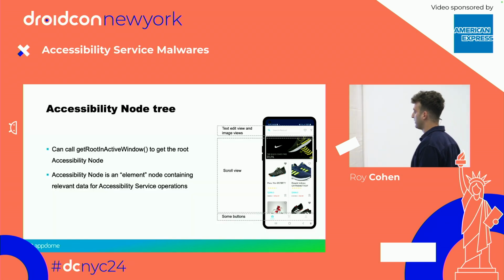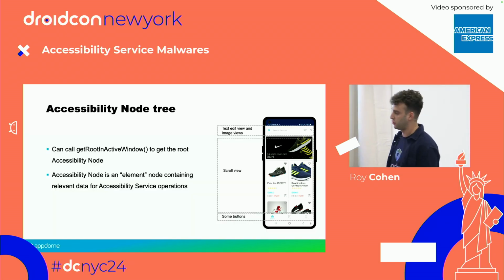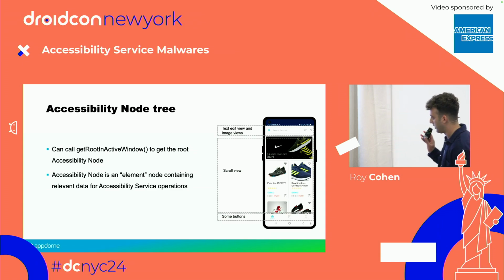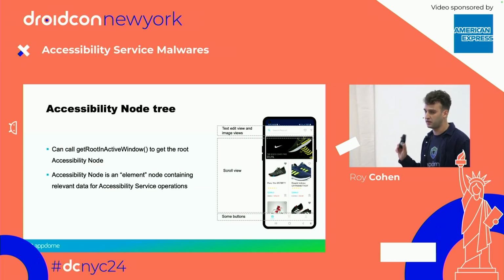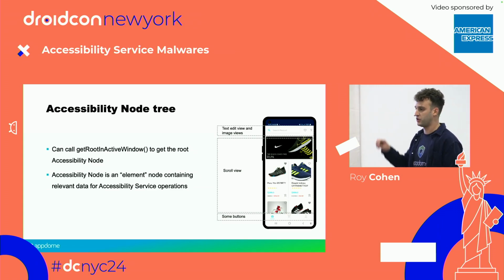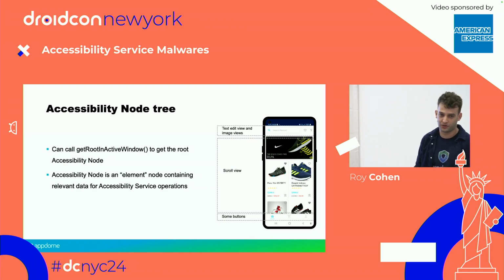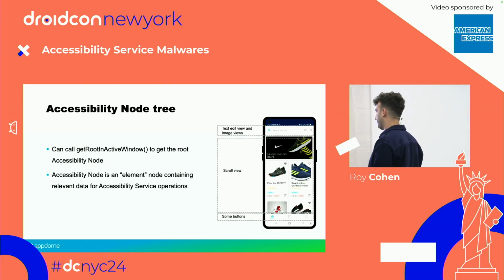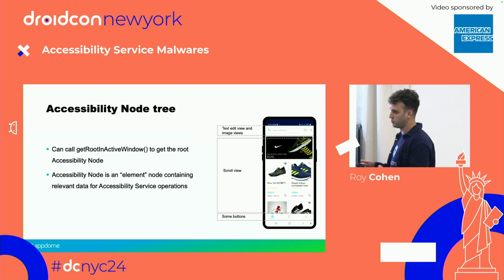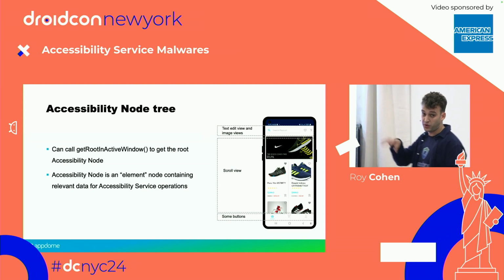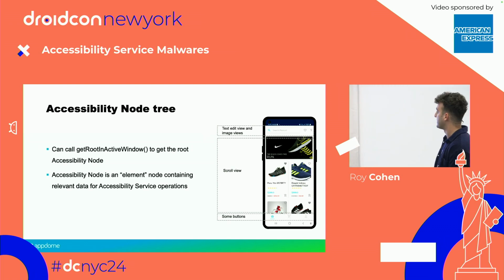Now basically, how do we get into the login page? You can use something called the accessibility node tree, which basically means I'm going to take one or all of the objects on the screen and just iterate over them using BFS, DFS, no matter which algorithm you want to use. Then I'm going to get all of the views and all of the buttons on the screen, on the window, and basically that's it.